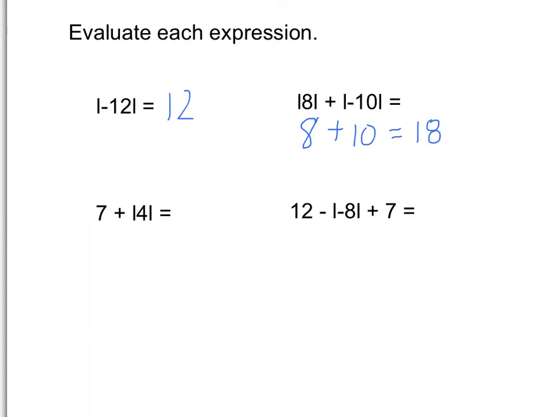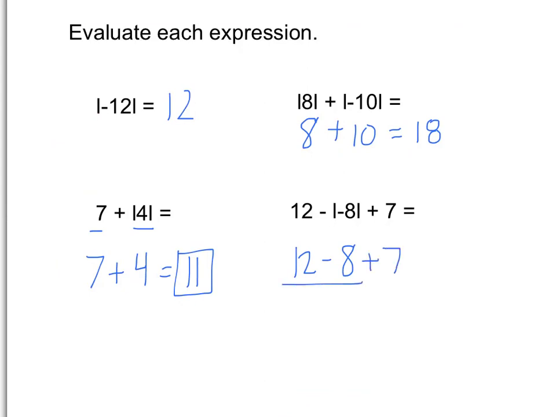Now this one's 7. And the absolute value of 4, well, 7 stays 7, plus the absolute value of 4 is 4. Add that together and I get 11. And the last one, 12 stays 12, minus the absolute value of negative 8 is 8, plus 7. I'm going to do these first. I get 4, add on the 7, and I get 11 again.